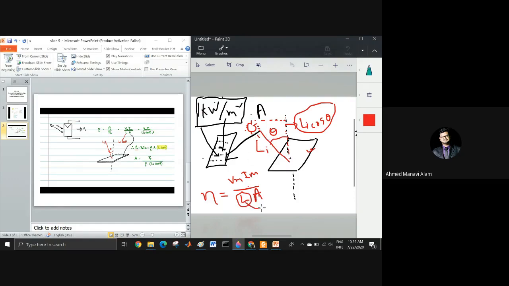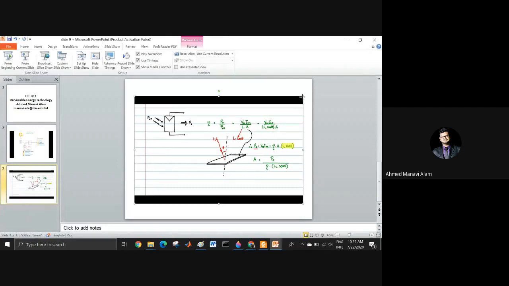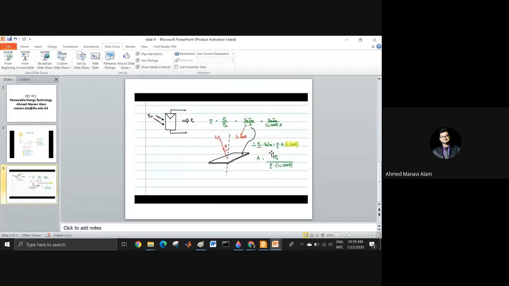So this L will be replaced by the Vm Im. This L will be replaced by Li cos theta into A. So এই জিনিসটা এখানে বুঝেছি, Li cos theta into A. Okay, so এটা হলো ব্যাপারটা.